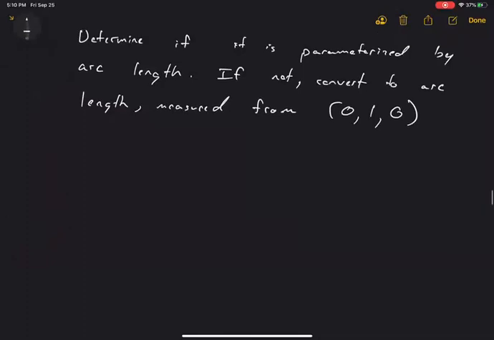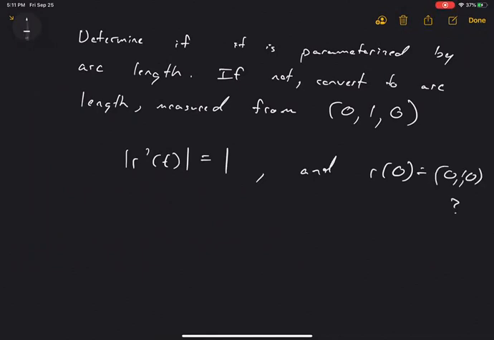What do we want to check? We want to see: does the magnitude of r prime of t equal 1, and does r of 0 give me 0, 1, 0? I need both of these for my parameter to be arc length.